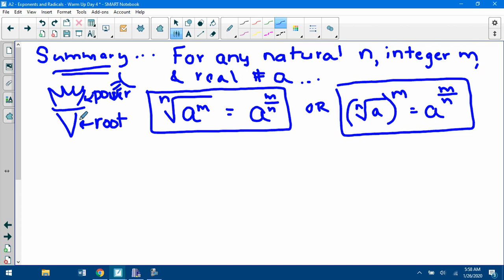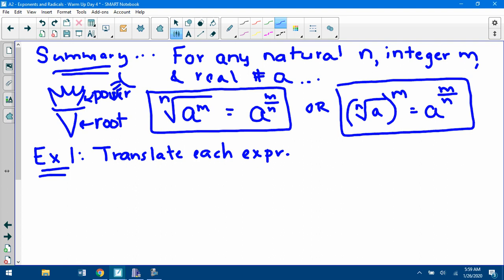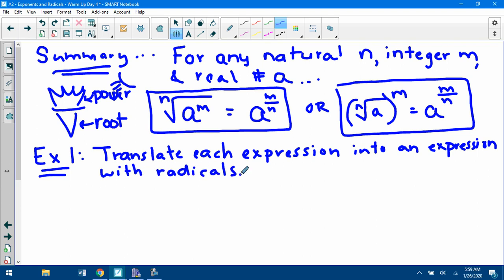Okay, so we've got kind of two ways to try these. First example, and this is, I think, how the directions in your homework read also. Translate each expression into an expression with radicals. Simplify numerical expressions when possible.